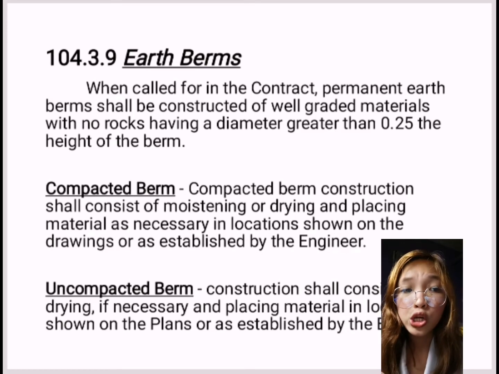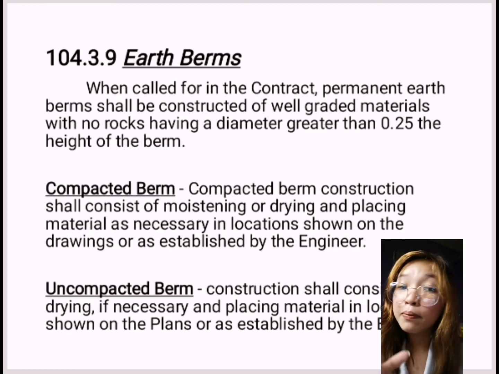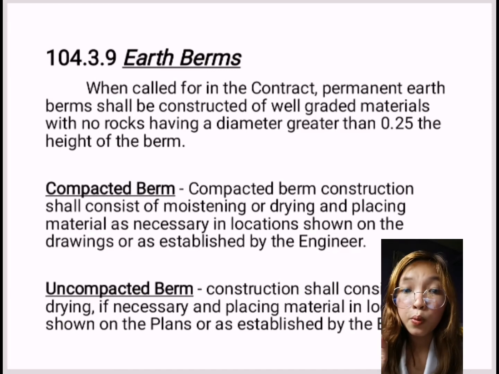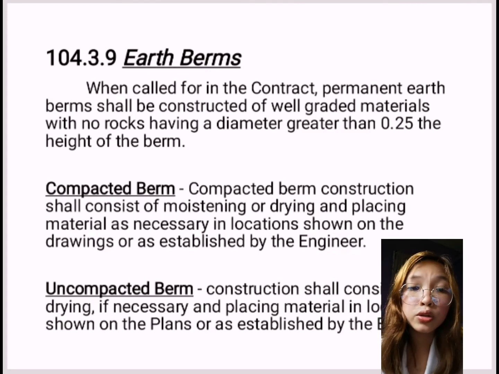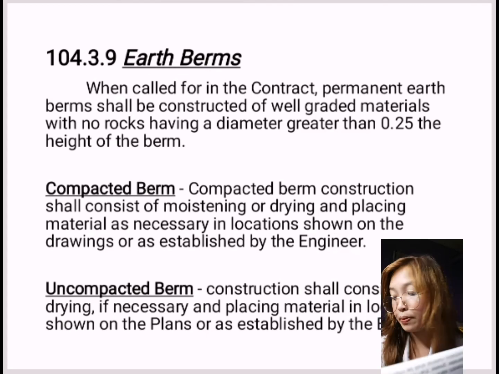So, contractor shall take precaution to prevent materials from escaping over the embankment slope. So, shoulder surface beneath berm will be roughened to provide a bond between the berm and shoulder when completed.